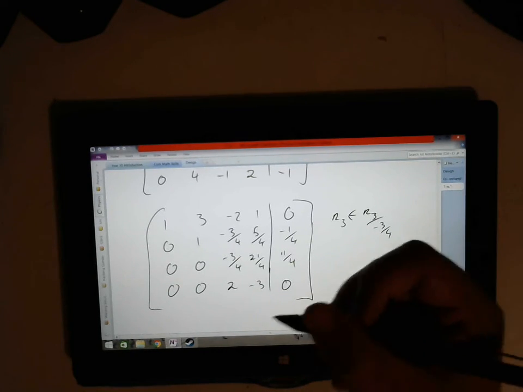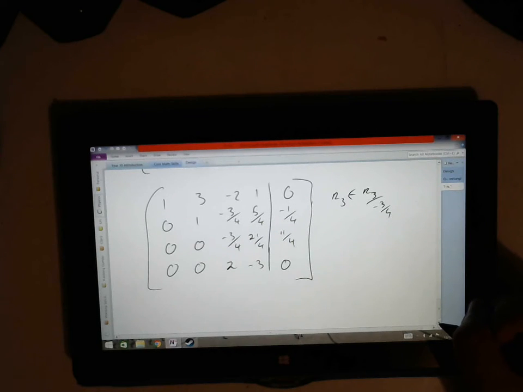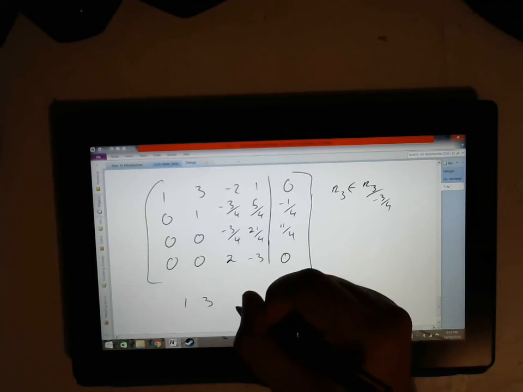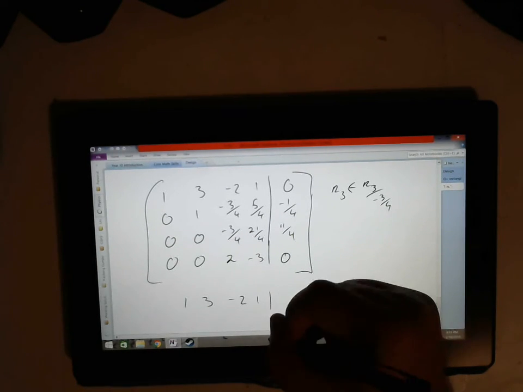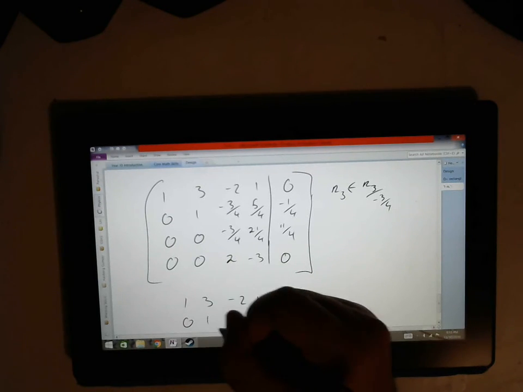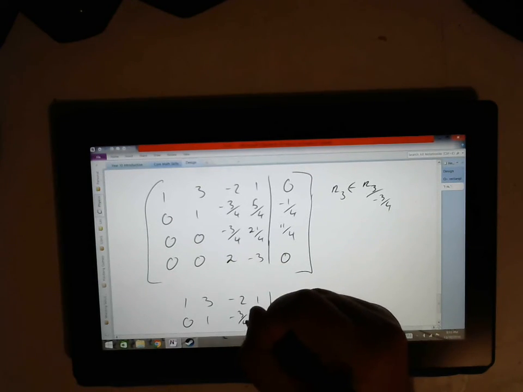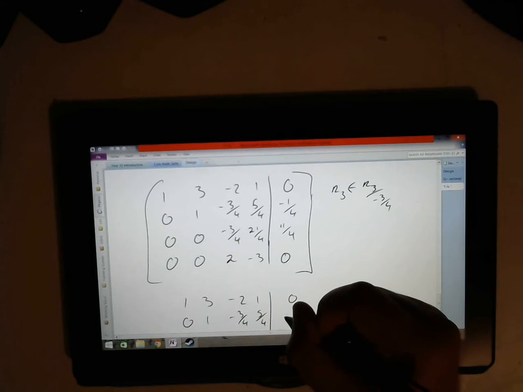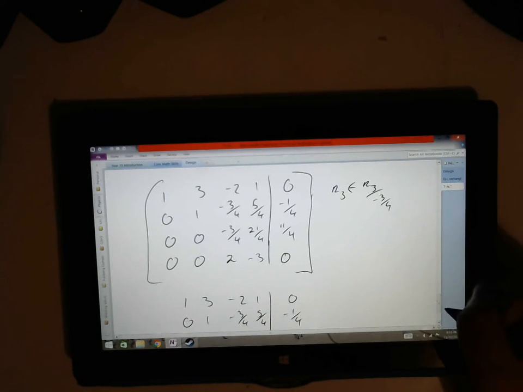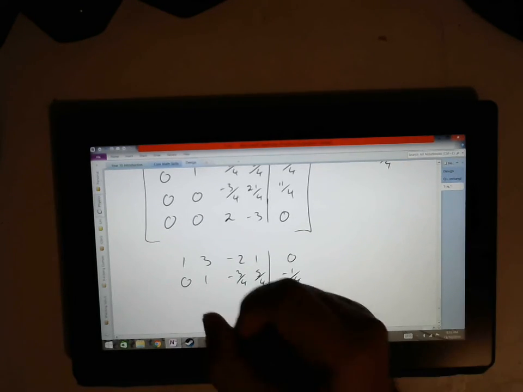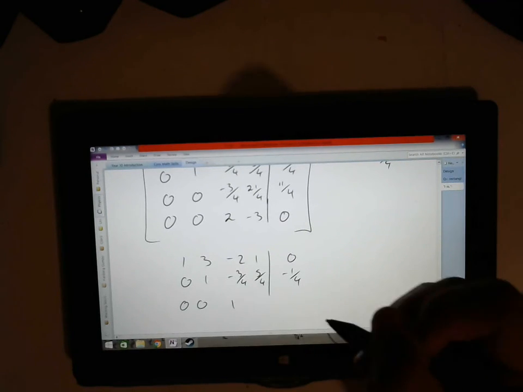So anything divided by itself is 1, so the first line becomes trivial. 1, 3, minus 2, 1, augment 0, 0, 1, minus 3 over 4, 5 over 4, minus 1 over 4, and 0, 0, 1.